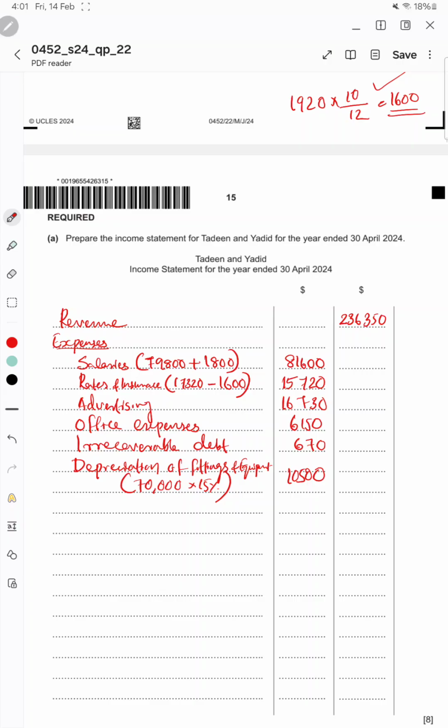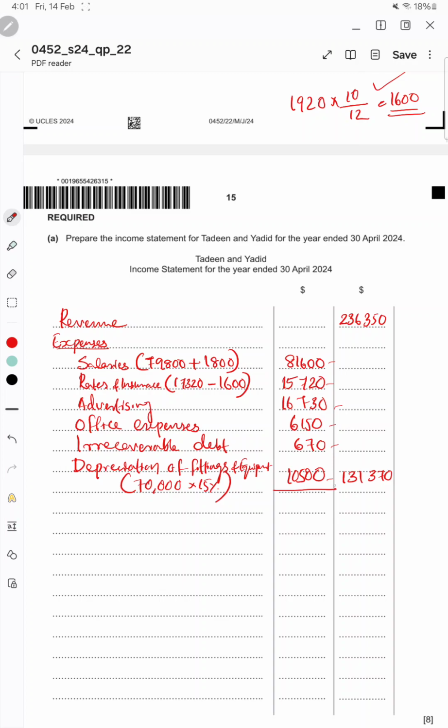So we took almost all items. The total is 81,600 plus 15,720 plus 16,730, then 6150, 670 and 10,500. So you will get a total of 131,370. These are all the expenses.